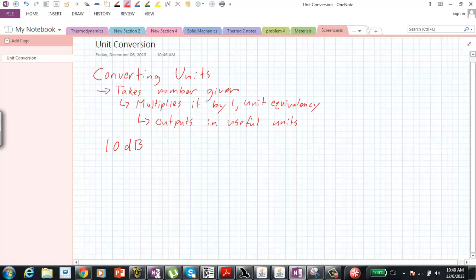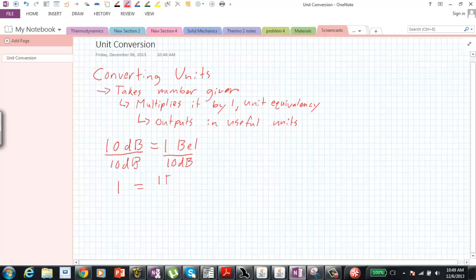For example, we're going to convert 10 decibels. We're going to use that unit equivalency as 10 decibels equals 1 bell for this first example. If we divide both sides by 10 decibels, we now can create an equation that we can use, because converting means that we're changing it from one unit scale to another unit scale.